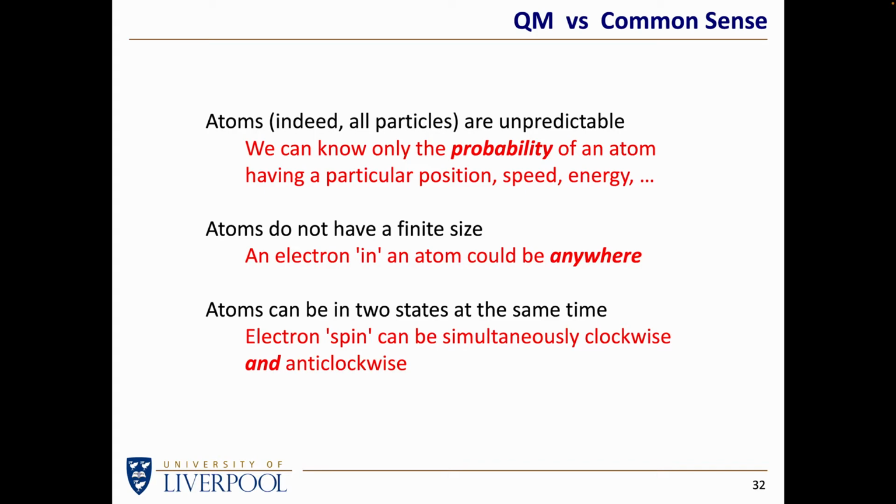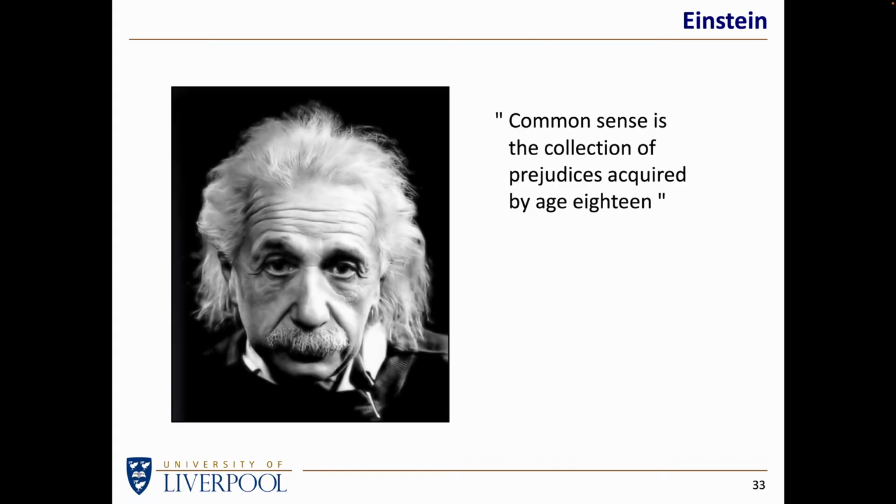If I said the Earth is spinning, as seen from above the North Pole, in the clockwise sense and in the anti-clockwise sense, both at the same time, that clearly makes no sense whatsoever. And yet it would appear that atoms can exist in this state and in that state at the same time, even though those two states appear to be quite distinctly different from each other. And again, that just doesn't agree with how we think the world ought to work.